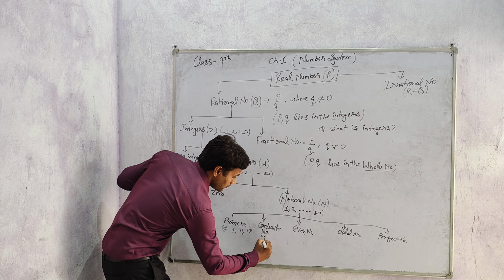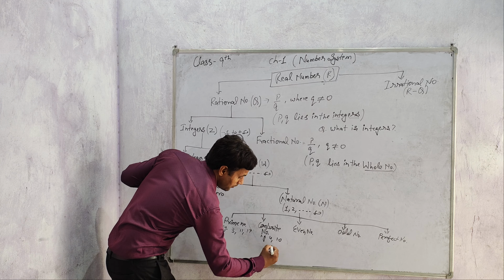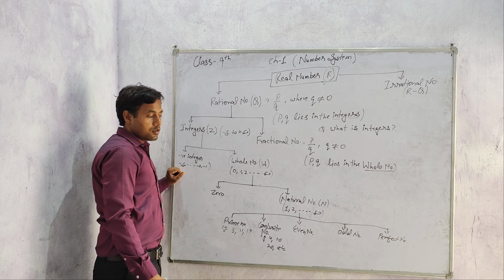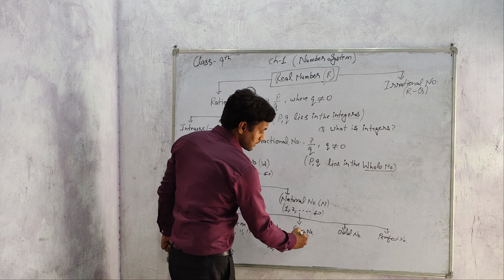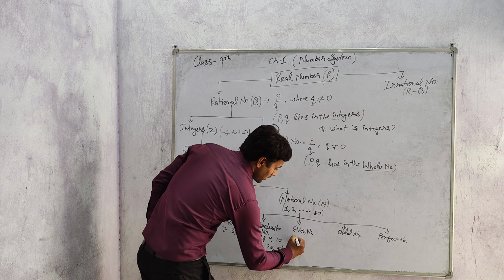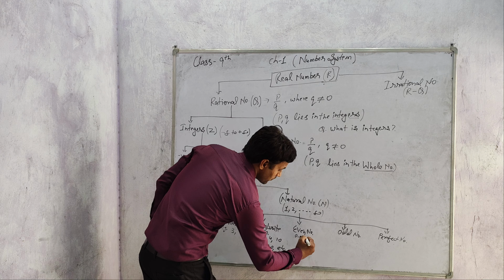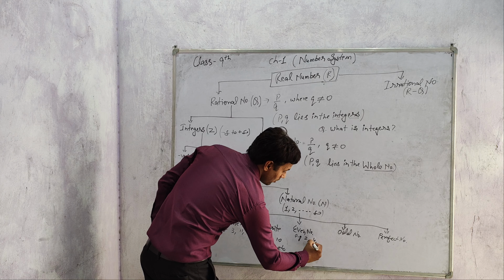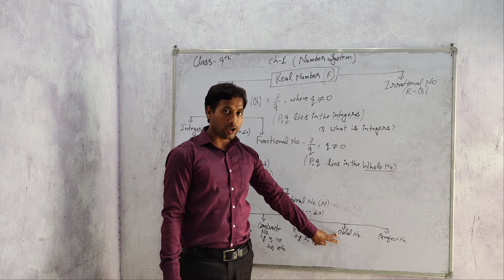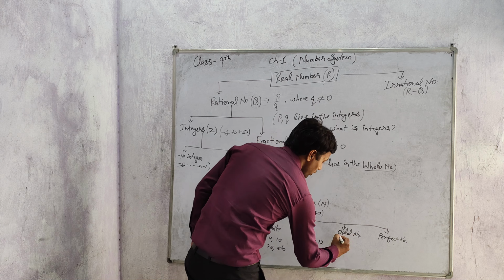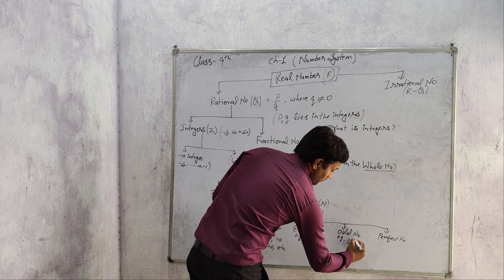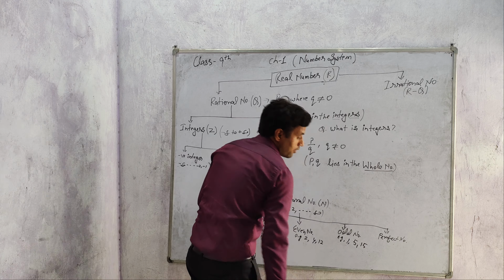For example 4, 10, 20, etc. Now even numbers are those divisible by 2, for example 2, 4 and 12. And odd numbers are not divisible by 2. Let's take some examples: 1, 5, 15.